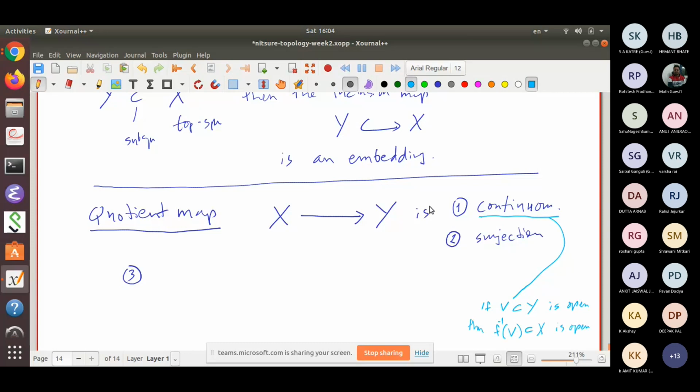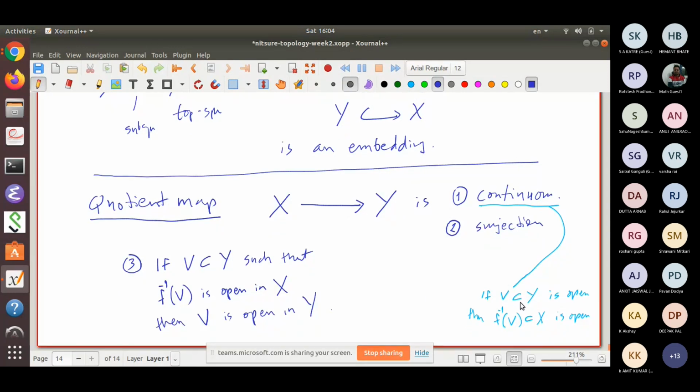So I'm going to take this property and turn it around. I'm going to say, if V is in Y such that F inverse V is open in X, then V should be open in Y. So you see, I have just turned this property around.